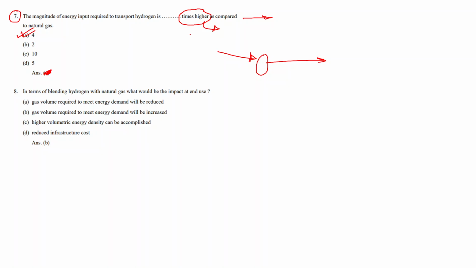That's why the question is asked in that way. If you study this way, then 4 is okay, but you have to understand the main theory behind the question.